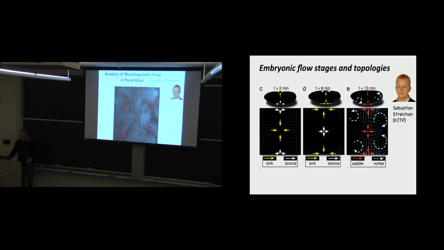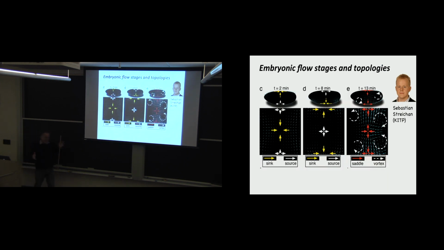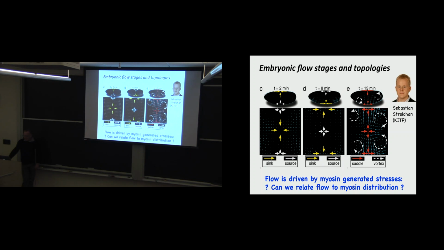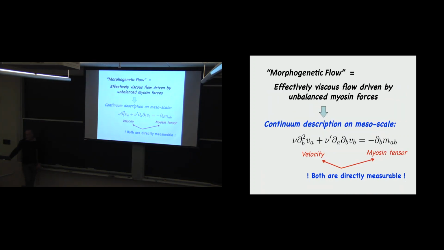So that's the flow. Then actually, in the course of this movie, the topology of the flow also changes in some non-trivial way. Early on, there is convergence onto the dorsal side. Later on, there's convergence onto the ventral side. Anyway, there's some non-trivial flow that we can look at. And so can we explain this flow?